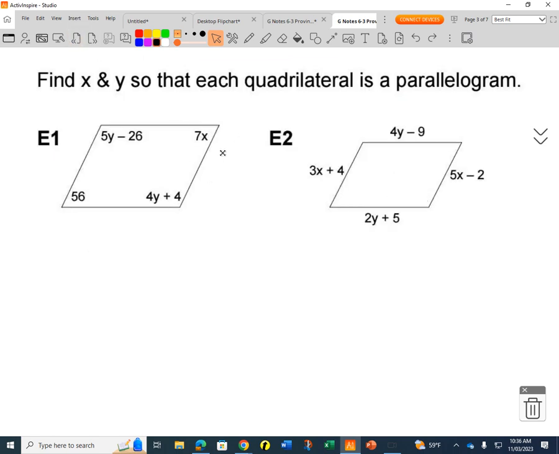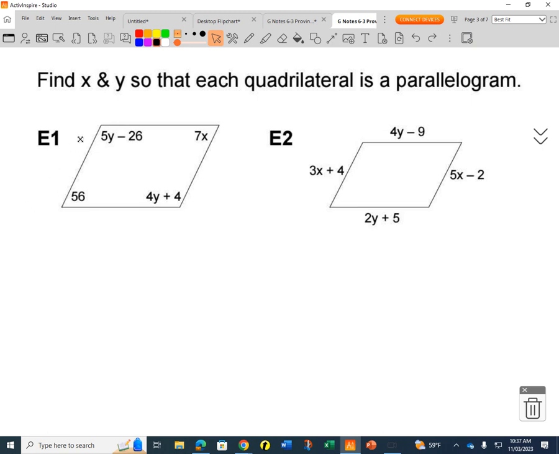Here, this angle marks 7x, 56. Those are opposite angles. They don't share a side. Remember, consecutive angles, this angle and this angle, they're consecutive. They're on the left or right of one another. They also share a side. If they share a side, they're consecutive.